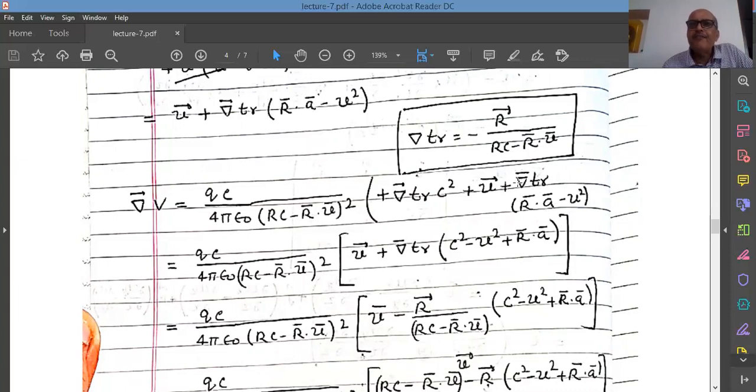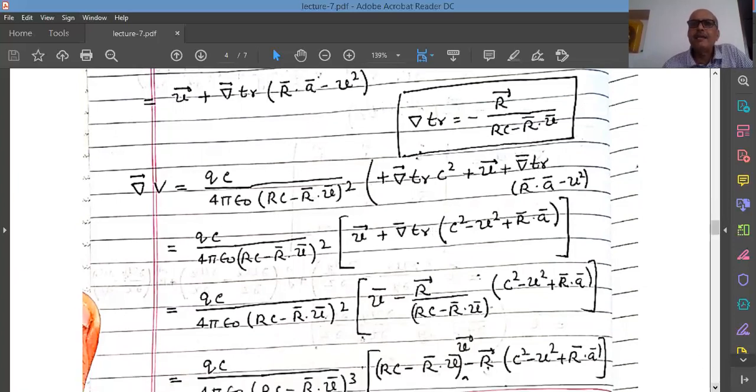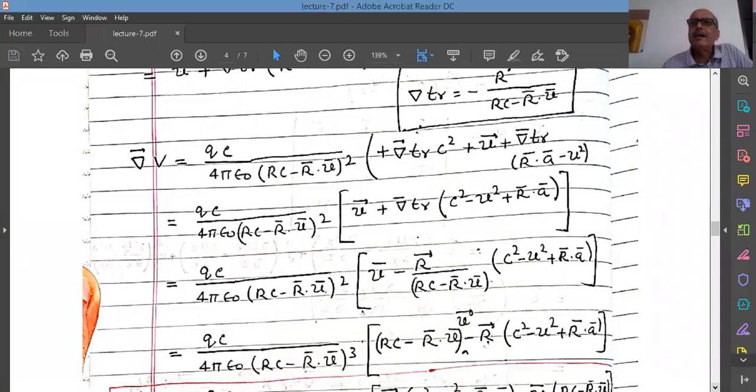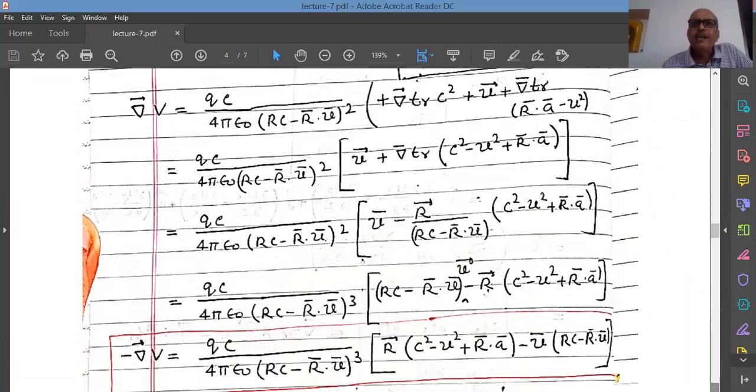So we have gradient of TR here and gradient of TR here. That is why I have clubbed all the terms with the coefficient gradient of TR here. So it is a B plus gradient of TR into C square minus B square plus R dot A. All the quantities inside the bracket are scalars. So here now I substitute the value of gradient of TR. Gradient of TR was minus R upon RC minus R dot B. So that is why you have a minus sign here, and we put the value of gradient of TR.